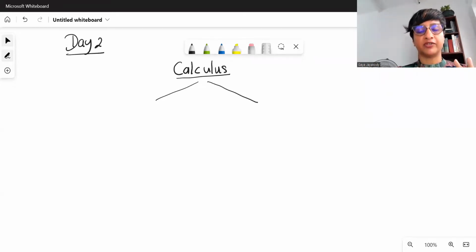Now listen very carefully. Try to understand the meaning of these two things, differentiation and integration. Calculus is about two operations that you can do on functions.